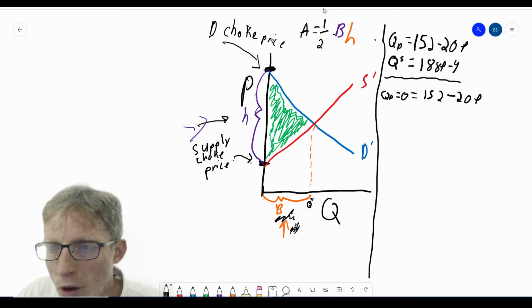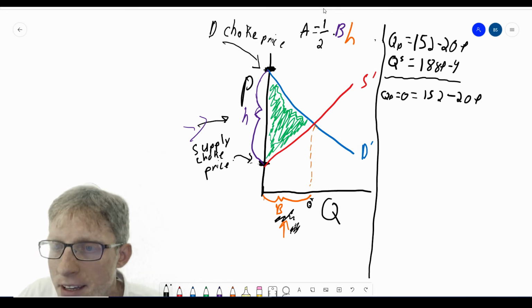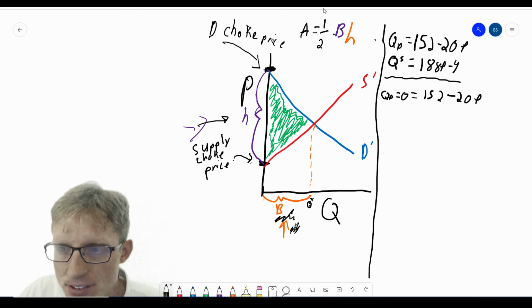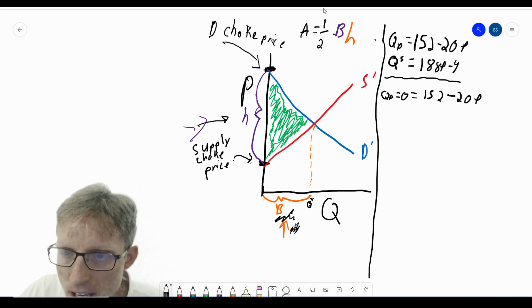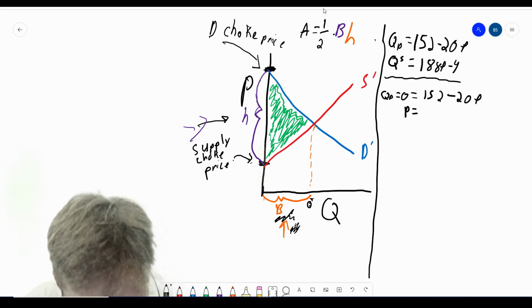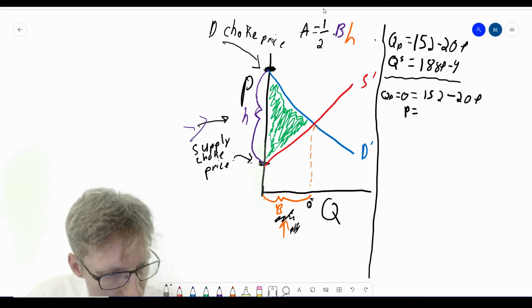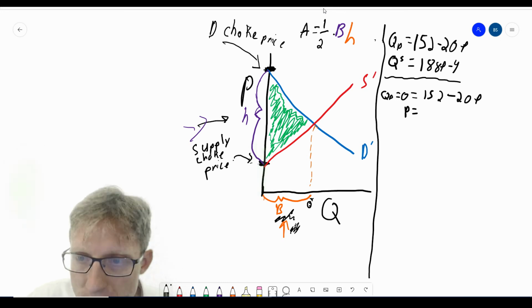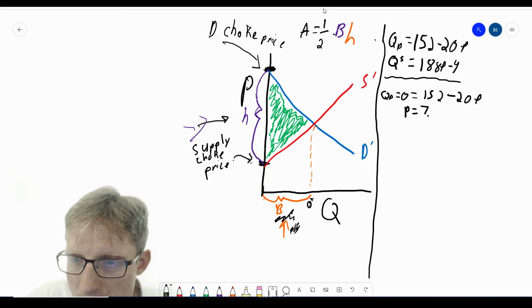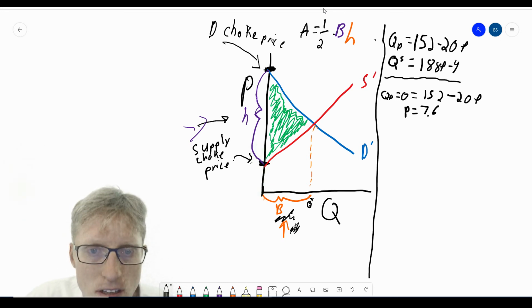Okay. So if we were to add 20p to both sides and then divide by 20, we would get that the demand choke price is equal to 7.6. So we can add that to the graph here.